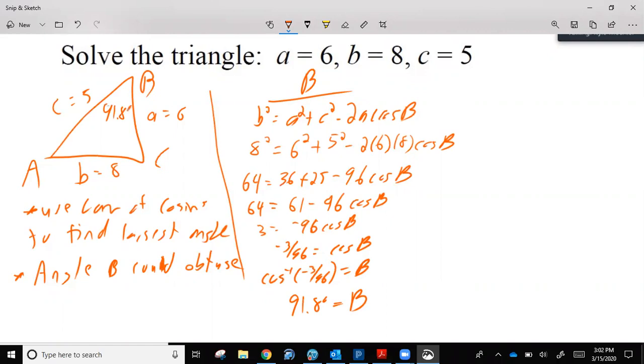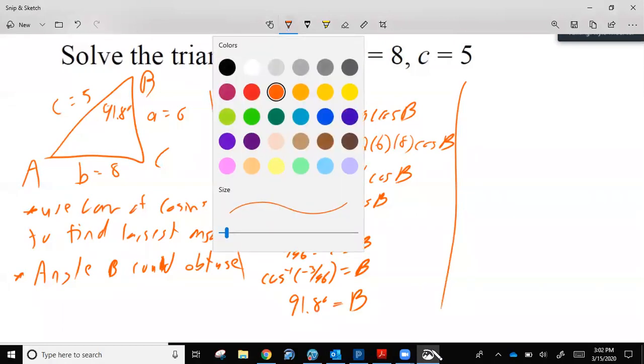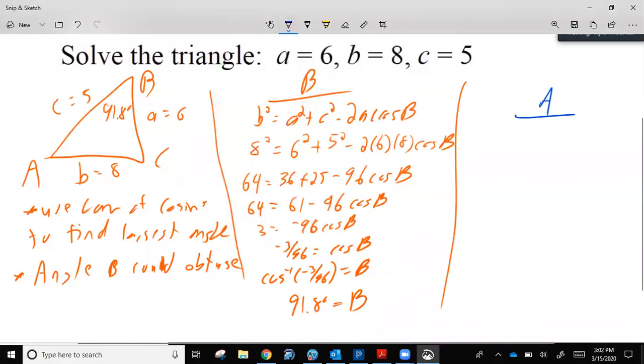So now that I have that angle opposite side pair, I can figure out angle A, and I know angle A is not obtuse. There's only one obtuse angle in a triangle if it has any, and I can use the law of sines real quick.